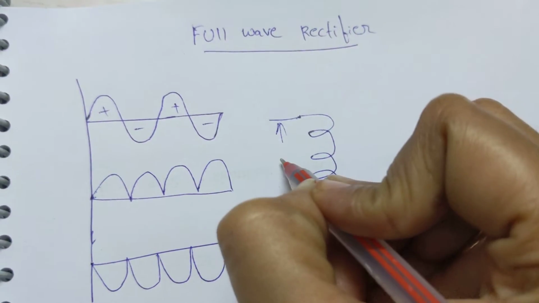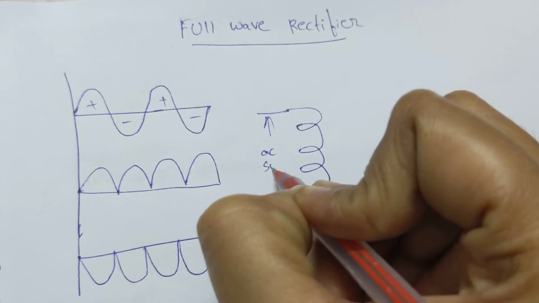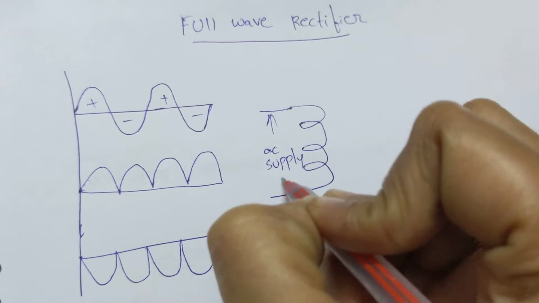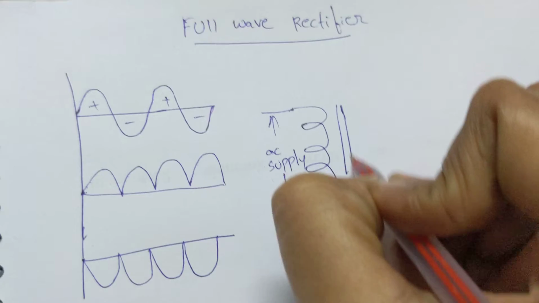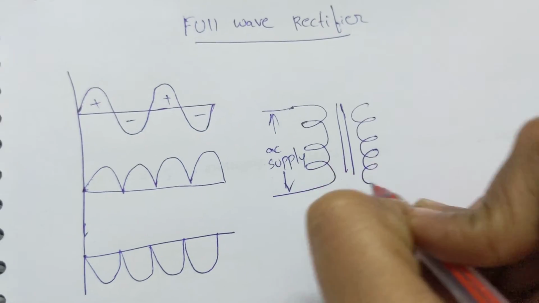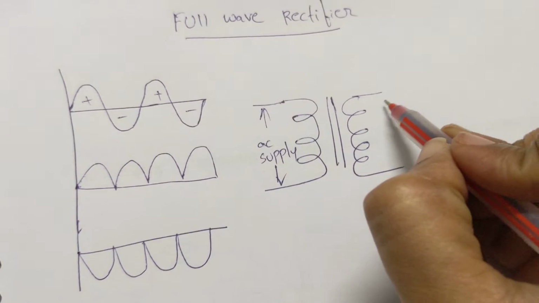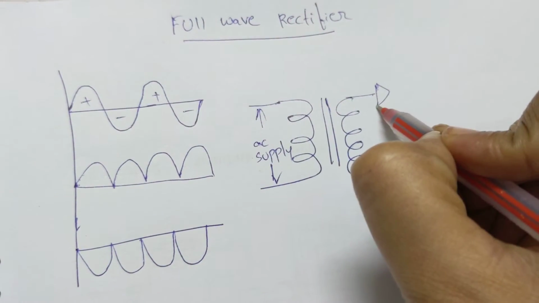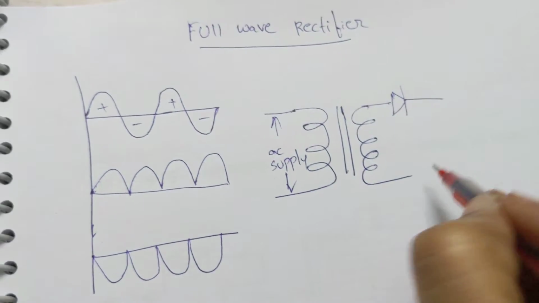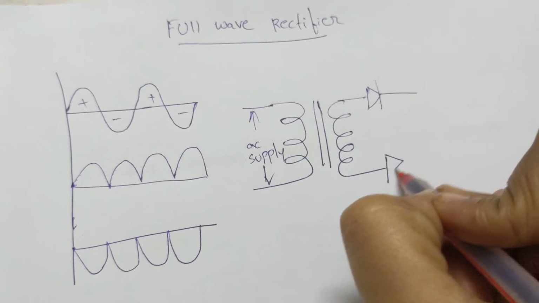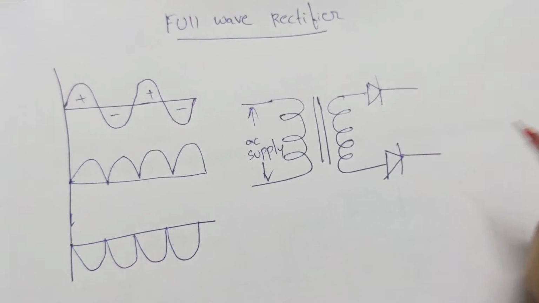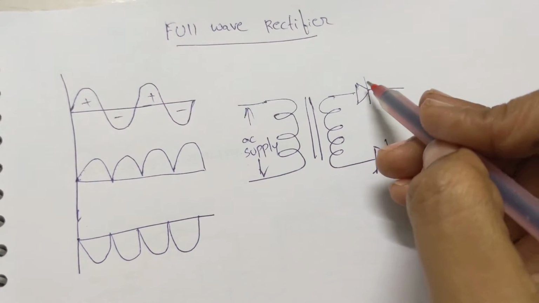This is our primary side. We do not have any difference here. We just take our 220 volts, and here we are taking the transformer secondary. Kindly observe, I need to place a diode for positive as well as negative half cycle rectification. So I am using two diodes.